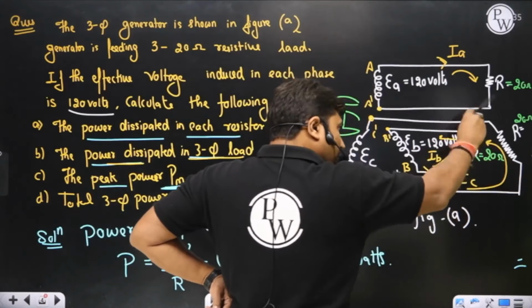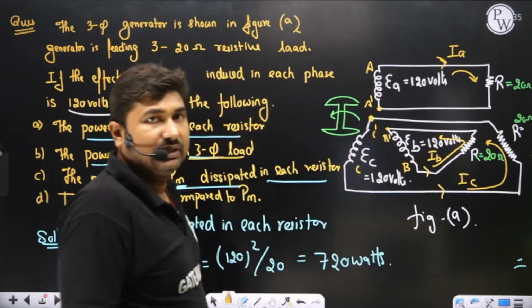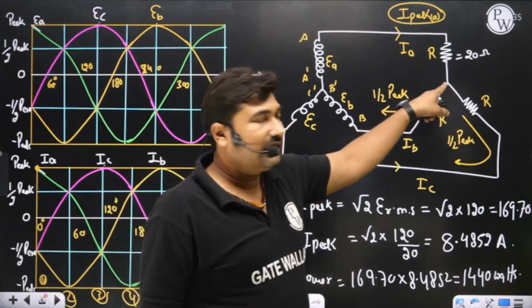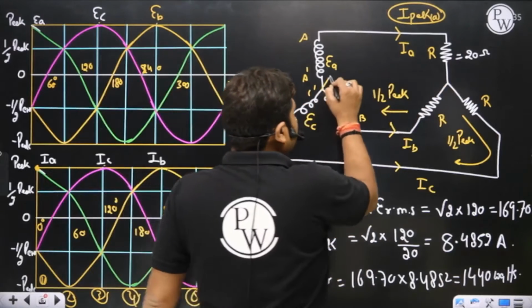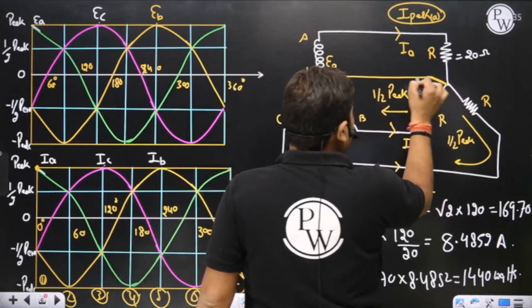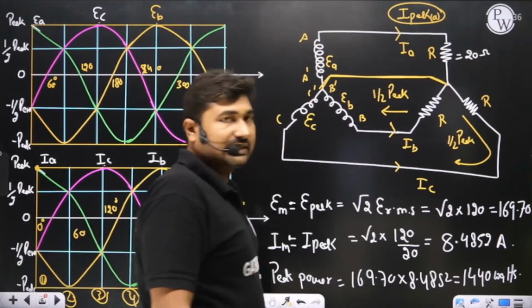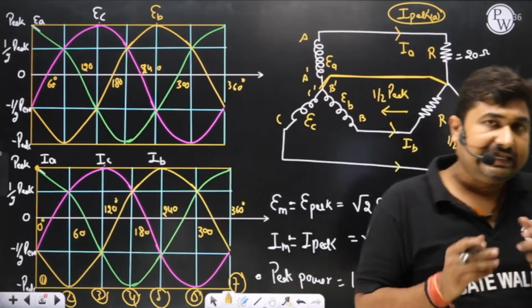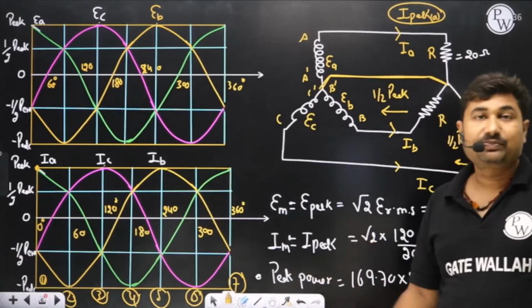If I join all these points here, then, sir, the net current in the neutral link is 0. Why, sir? Because if you add IA plus IB plus IC at any instant, it will be equal to 0 only.